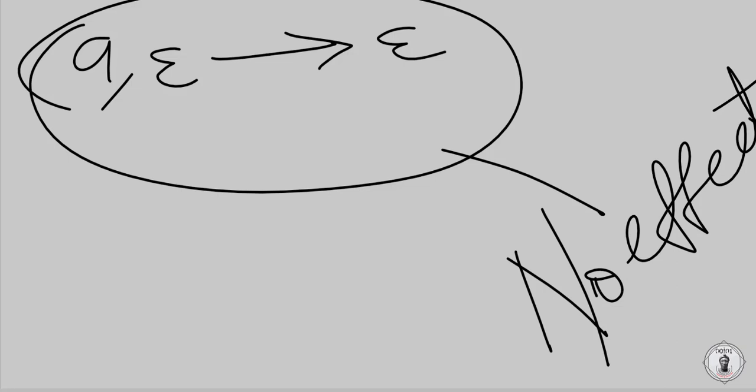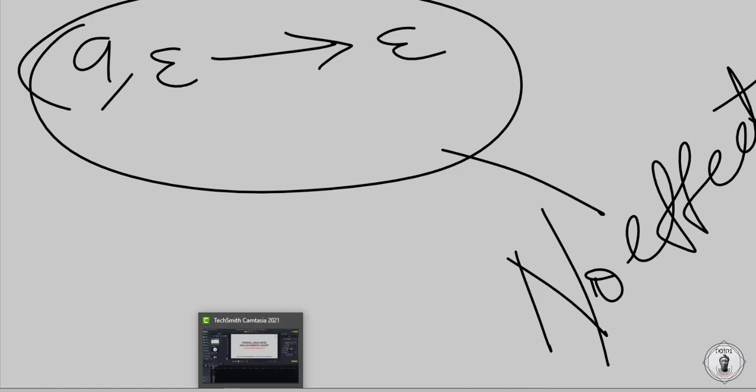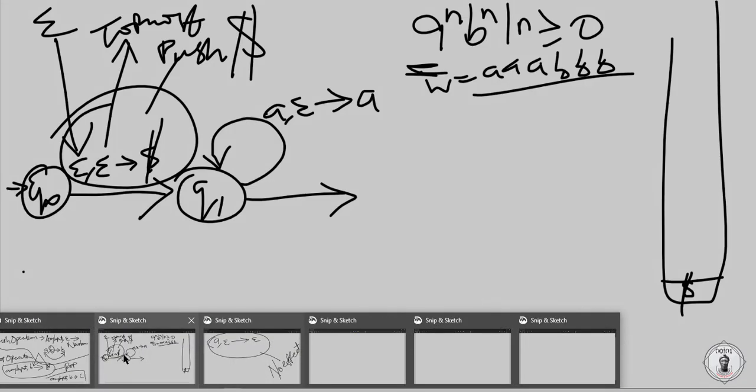So that is why I called it no operation. So these are the things that we're going to leverage to be able to solve our PDA quest. So let's go back to our automaton.